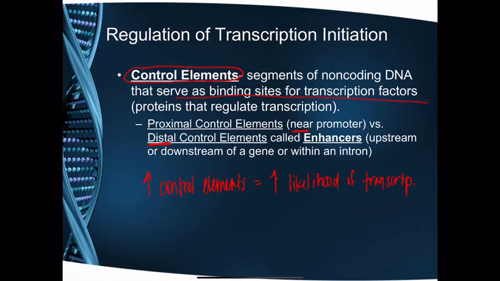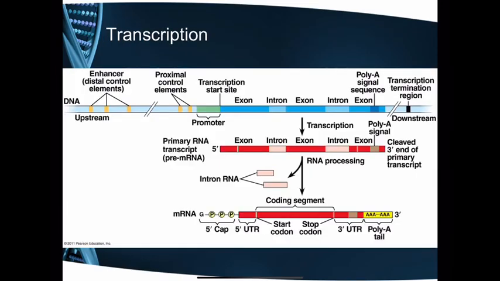But the distal ones are going to be further away from the promoter region. And then they're also referred to as enhancers, okay, because they are going to enhance gene expression. So here we have some proximal control elements that are located closer to that promoter versus down here the distal control elements located more upstream and further away from that promoter, okay?